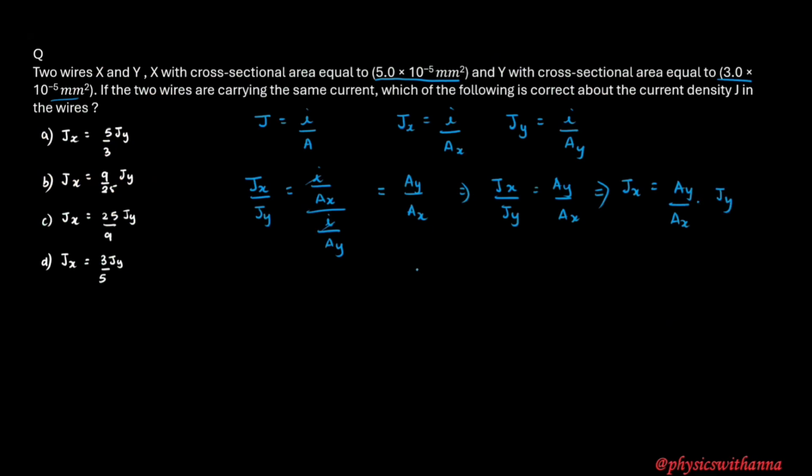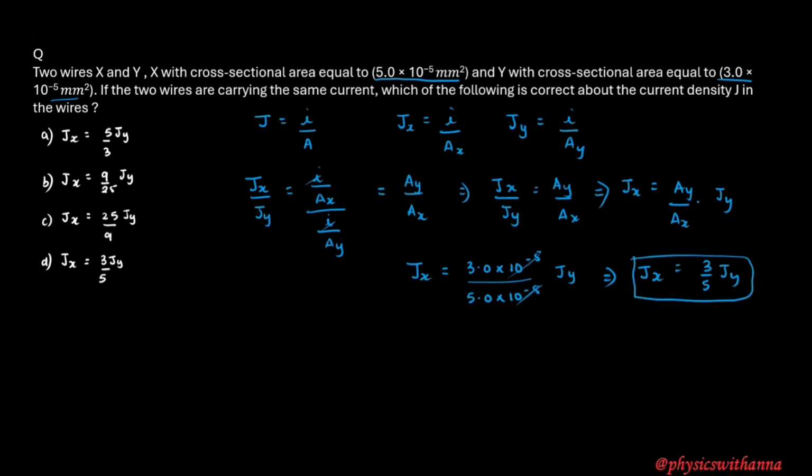Let's substitute to calculate the relationship. We get JX equal to AY, which is 3 times 10 to the power negative 5, over AX, which is 5 times 10 to the power negative 5, into JY. Again, since this is a ratio of terms with the same unit, I don't have to convert from millimeter squared to meter squared. So cancel off the common terms. You get JX equal to 3 over 5 JY. So the correct answer will be option D.